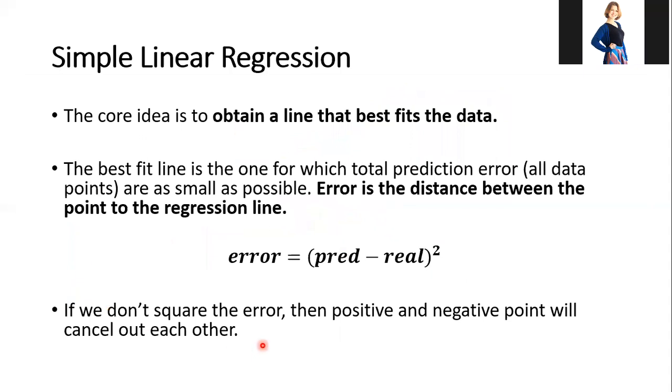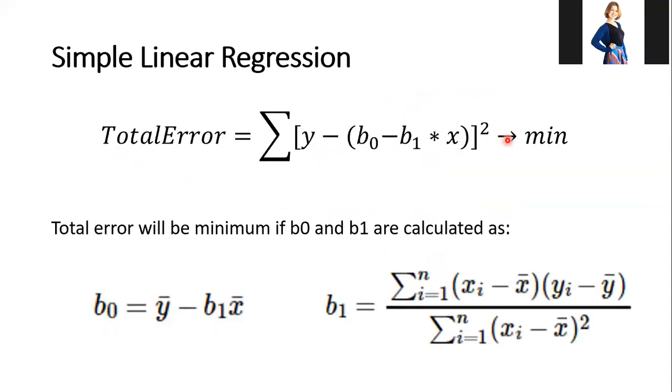Some information about this is in these slides, text information. So the error is the distance from the point to the regression line, not the difference between the prediction and real value, but its square. The total error should be minimum. If you want, you may try to find these equations from this formula, because a minimum is like an extremum of the function, and the derivative at the extremum should be equal to 0, which helps you find this extreme point.